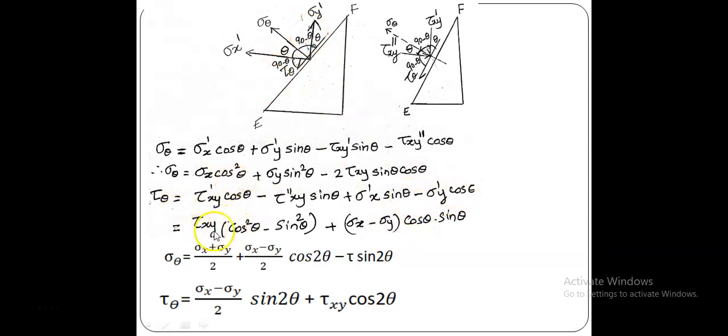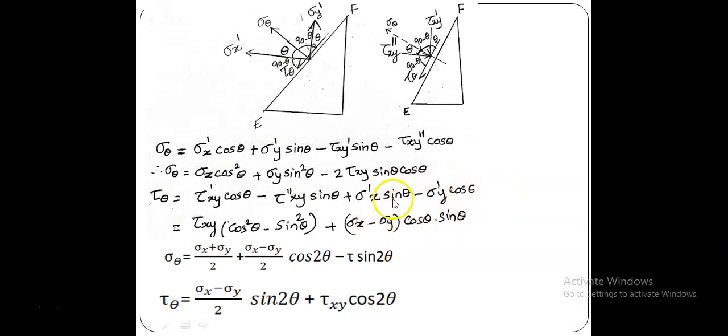Therefore it comes tau xy into, let us take, we just substitute tau xy dash is equal to tau xy cos theta, like that. Tau xy double dash is equal to tau xy sin theta, and therefore when we substitute here and take tau xy outside, cos square theta minus sin square theta, plus these two are sigma x minus sigma y, because sigma x dash is nothing but sigma x cos theta, and here sigma y dash is nothing but sigma y sin theta.